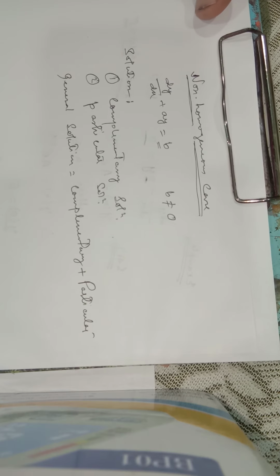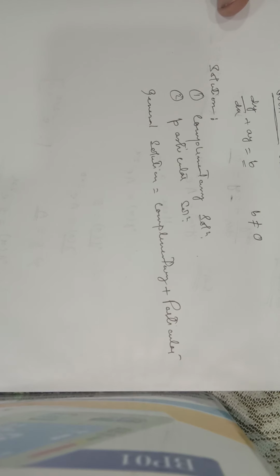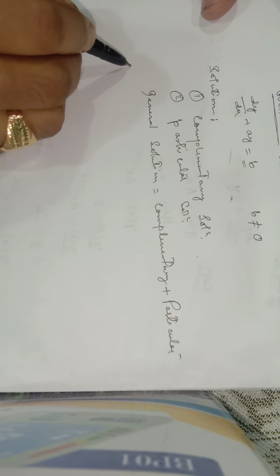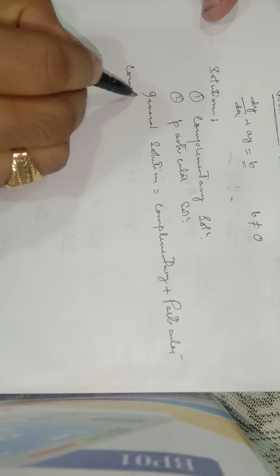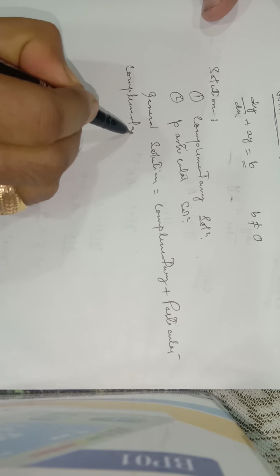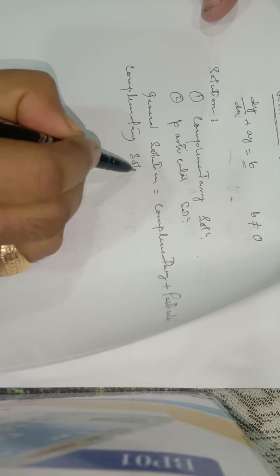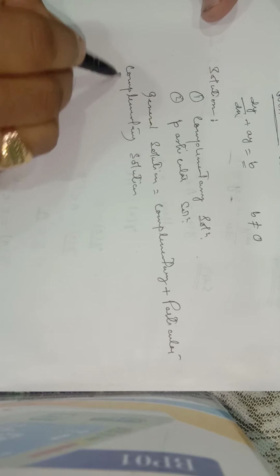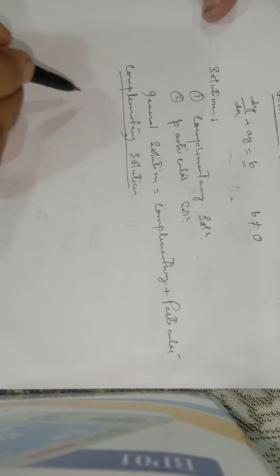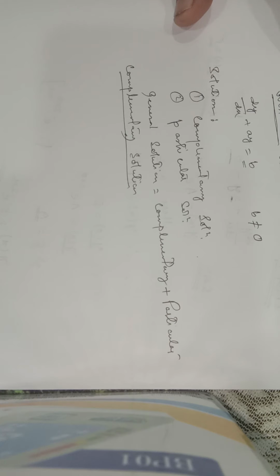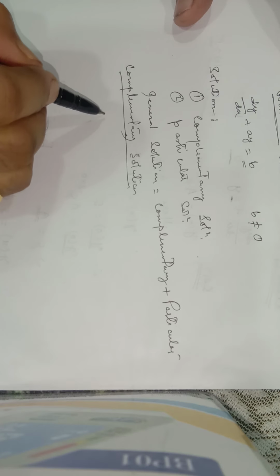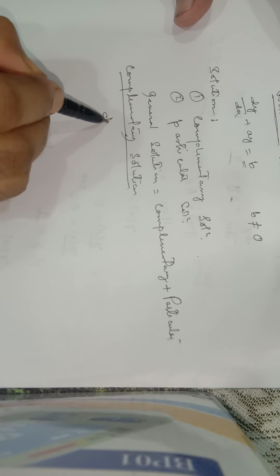So first let us have the complementary solution. In the non-homogeneous case, the complementary solution involves the homogeneous part of the given differential equation. So let us convert our non-homogeneous case into a homogeneous case.